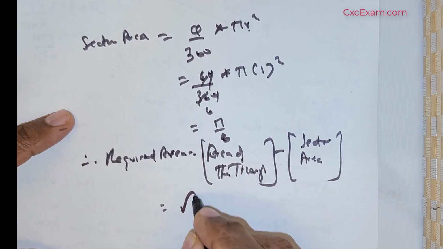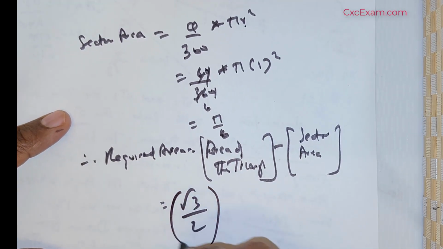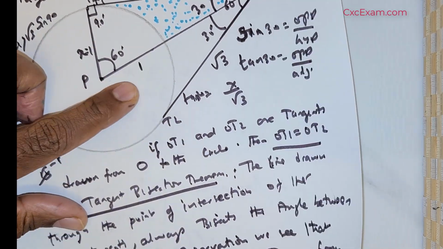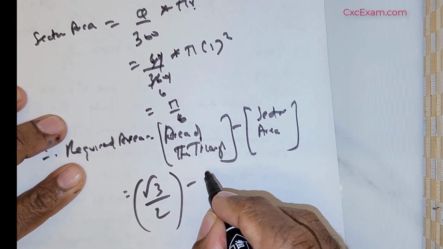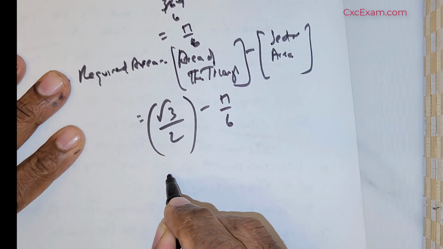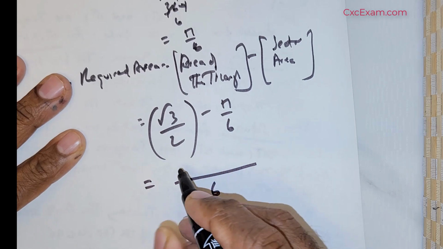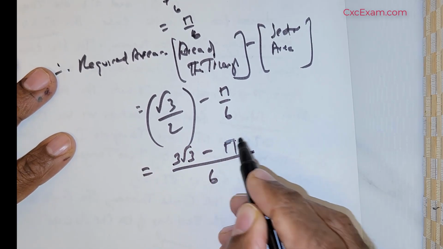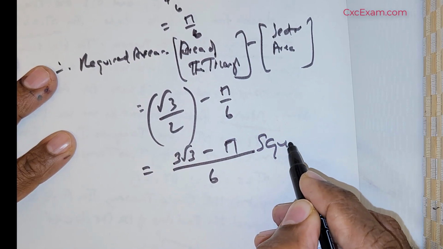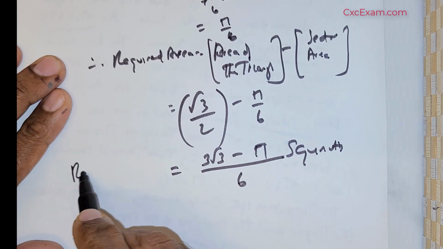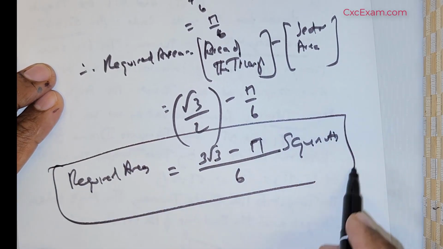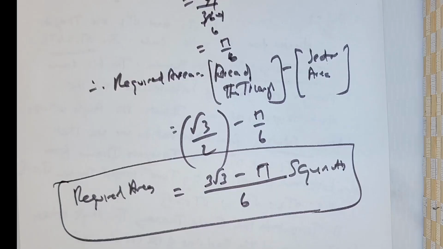From root of 3 over 2 we subtract the sector area, which we've got as pi over 6. So if I take LCM as 6, this is going to be 3 times root of 3 minus pi, over 6, square units. So this is the required area. So that is the end of the solution.